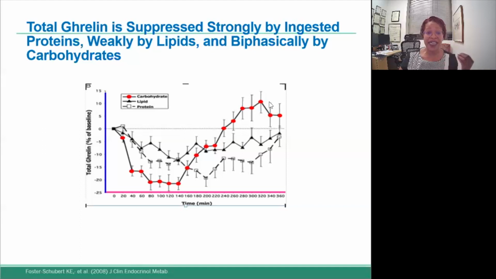So you would expect to even have increased hunger after eating just pure carbohydrates versus having fat, lipid, where it comes down, but not quite as much, versus protein, where it comes down quite nicely and it stays suppressed for a much longer time. So it suggests, and this is one of the possible mechanisms, where people who eat high protein, low carbohydrate diets report a greater sense of satiety, and that might be why, right?